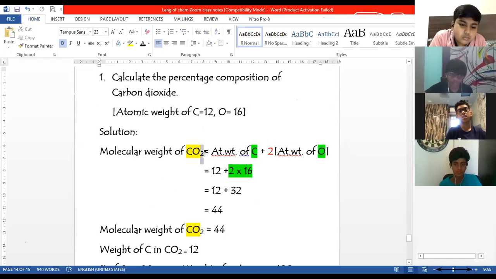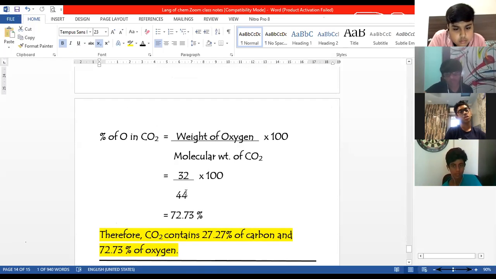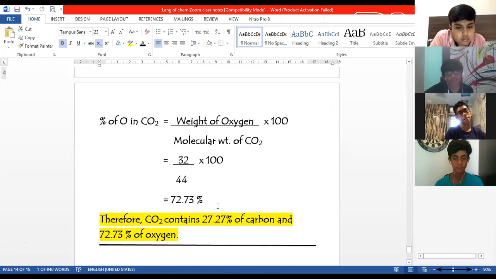That's the reason we are taking 32 upon 44 into 100, and the answer would be 72.73. Therefore my final answer is: CO2 contains 27.27% of carbon and 72.73% of oxygen.